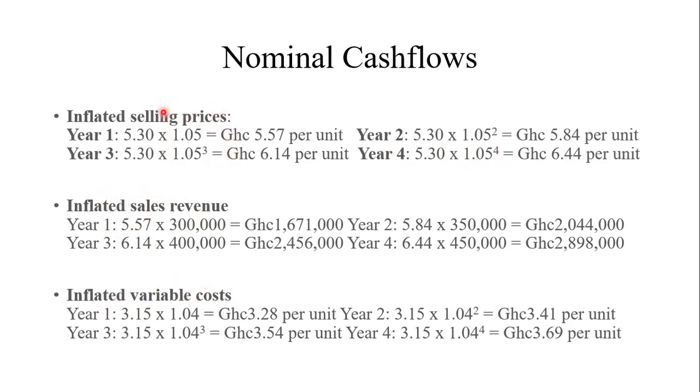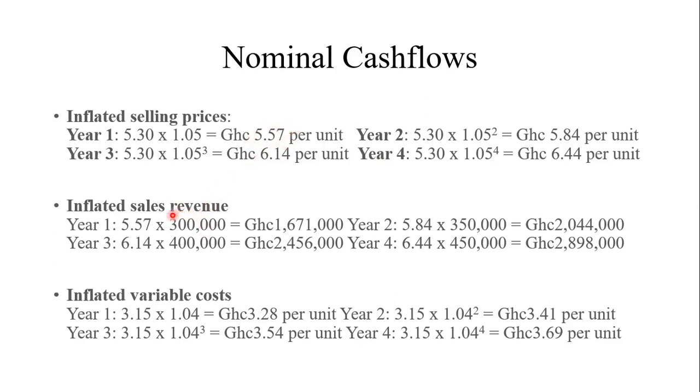Now that we have our inflated selling prices, we've calculated them for each of the years 1, 2, 3, and 4. We can now multiply the selling prices by the sales volumes that we determined earlier to have been increasing by 50,000 per year from 300,000. So for year 1, what you had was 5.57.